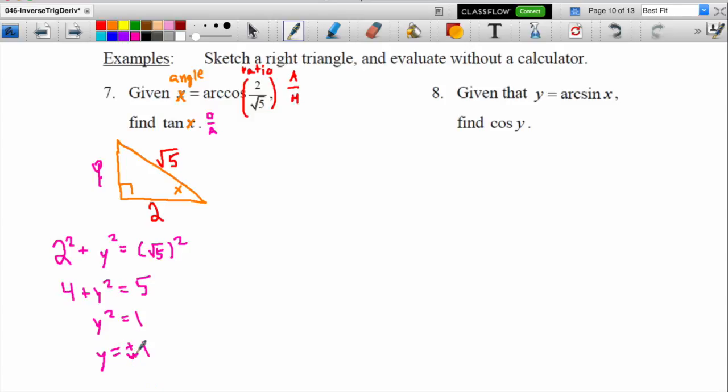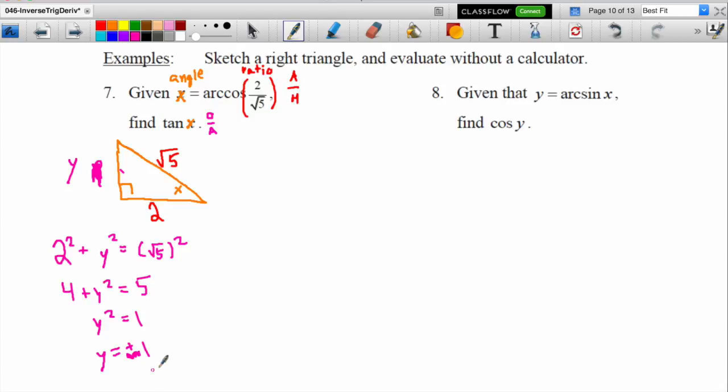Why can we rule out negative 1? Because we know it's not going to be negative. Why do we know it's not going to be negative? Really think about it. Why can't this y side be negative?